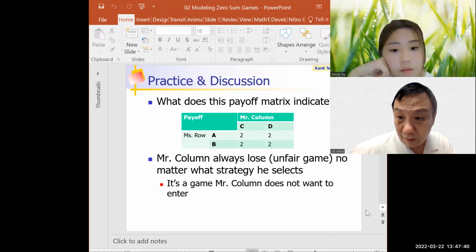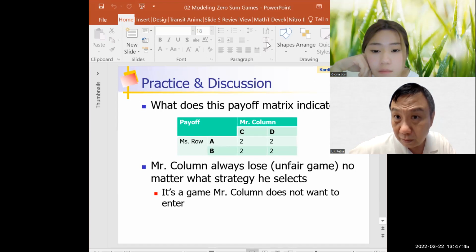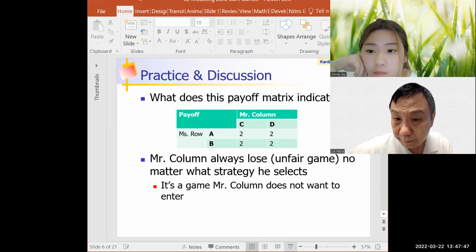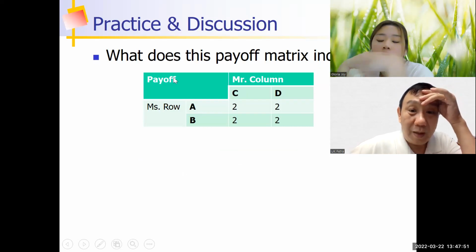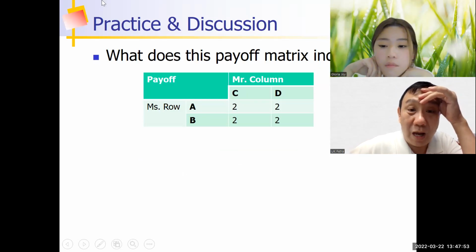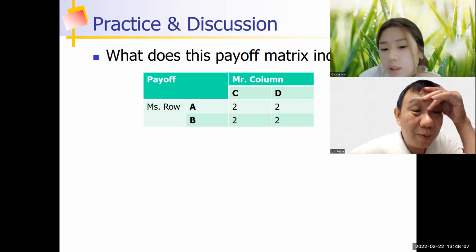Okay. So let's practice this. Now, what will happen if you have the game matrix with this 2, 2, 2, 2? Who win here? Row or column?